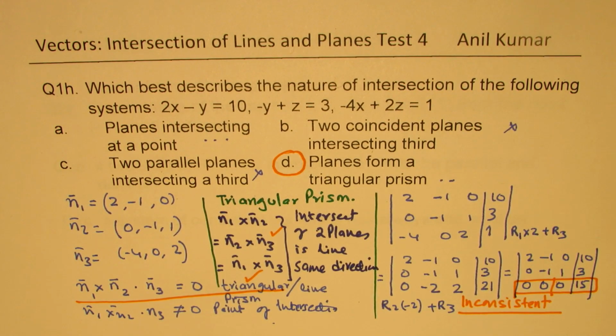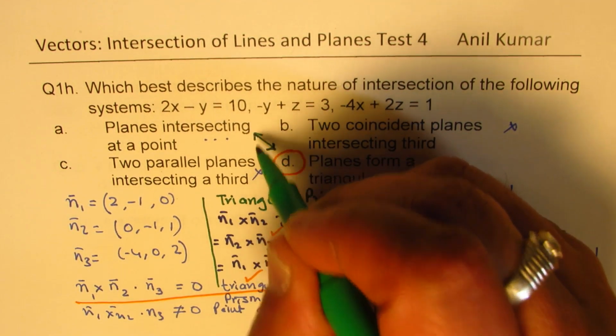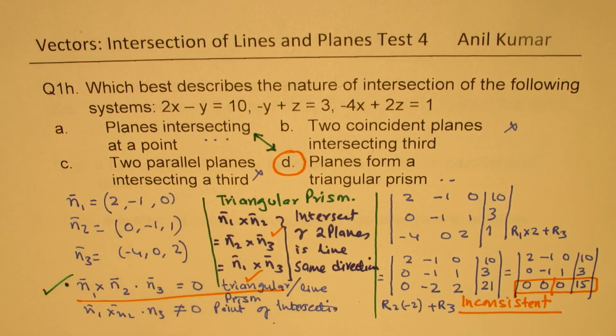You could have adopted any particular method to figure out whether they are intersecting in a plane, intersecting or not intersecting, or whether they are intersecting into a triangular prism or at a point. Especially distinguishing between these two, I'd prefer this method to be adopted. Is that clear to you? So that is my suggestion. I hope you understand and appreciate it.